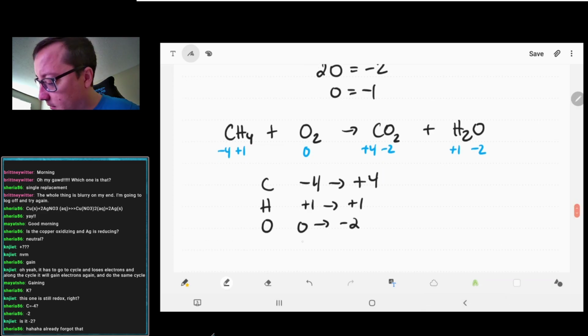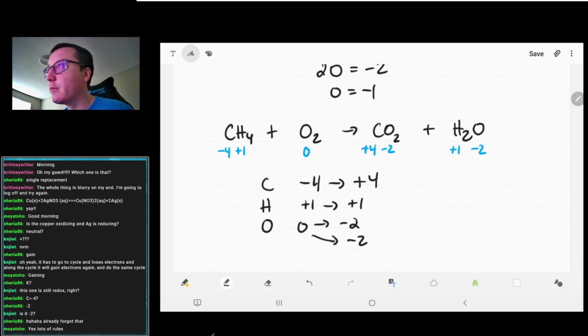And technically, we have another oxygen that is also going to -2, but it's the same. Lots of rules. But now we can apply our idea of oxidation numbers to see what's happening to the electrons in this reaction.